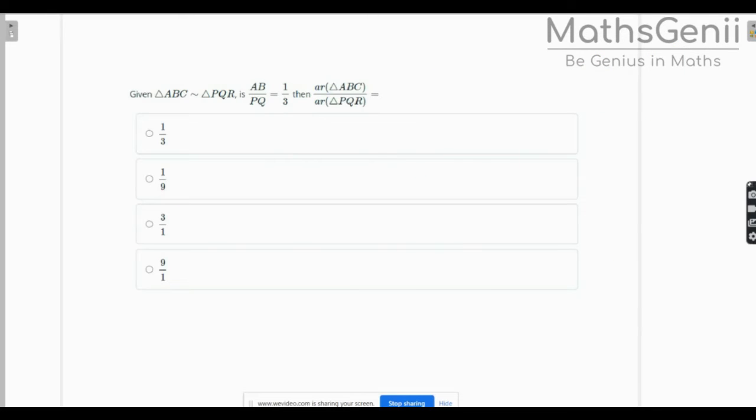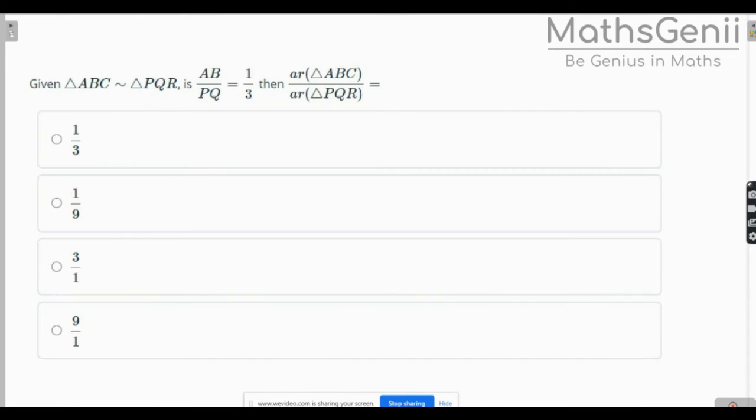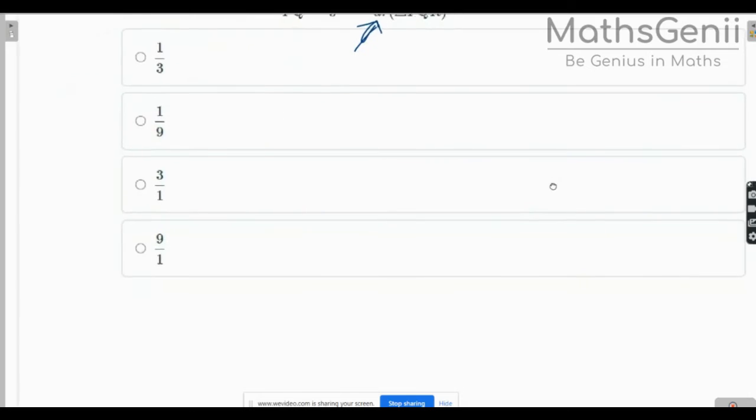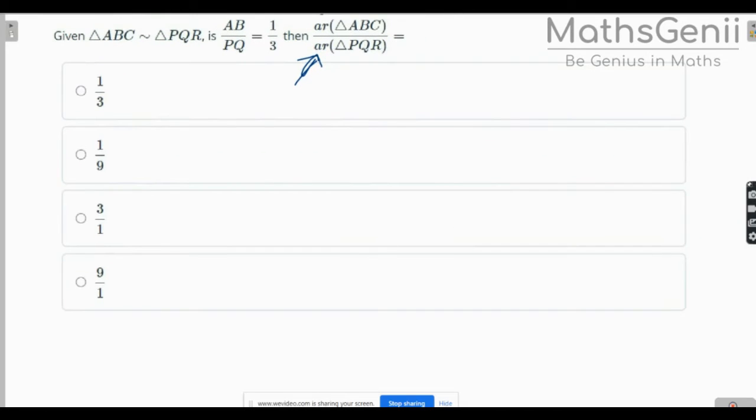Next question again from triangles I have segregated. This is a very simple question. You just need to remember one formula. AR means area. So whenever you have something like area given, let me write this here again. He has given me area of triangle ABC upon area of triangle PQR.